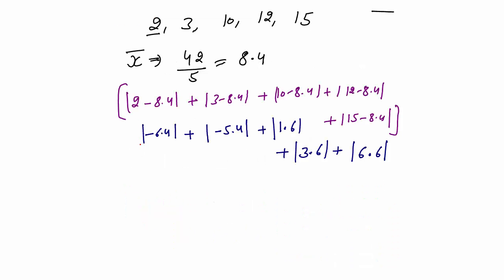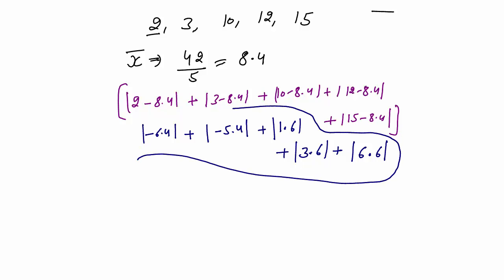Now you need to add these numbers and divide. This is your summation of mod xi minus x bar. I have subtracted the mean or average from each of the values and taken the sum.